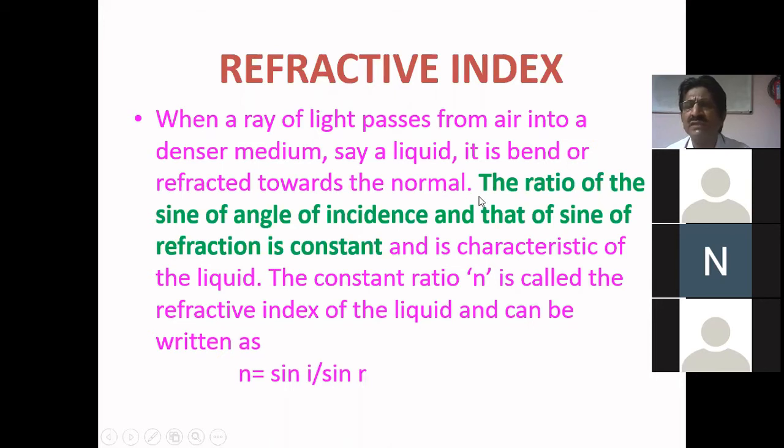The ratio of the sine of the angle of incidence to the sine of the angle of refraction is a constant, and this constant is a characteristic of the liquid. This constant ratio is called n, the refractive index of the liquid, and it is written as sine i by sine r.